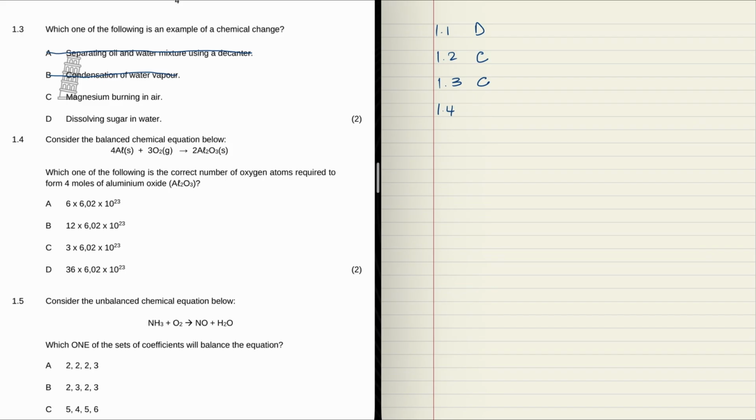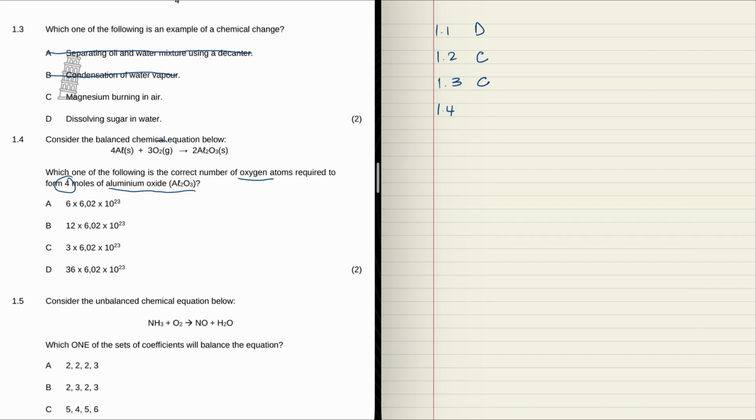Question 1.4. Consider the balanced chemical equation below. We have 4Al plus 3O2 producing 2Al2O3. The question asks, which one of the following is the correct number of oxygen atoms required to form 4 moles of aluminium oxide? So we're going to do a ratio.